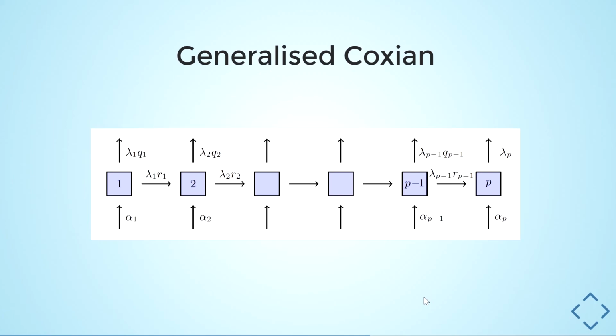There are those people in Leuven, and they do use a mixture of Erlang for the body of the distribution and then some Pareto tail, so that you model the claim sizes. So that's one way to apply phase type to claim sizes: you need to have the phase type for the body and then something more heavy-tailed for the right tail of the distribution. Yeah, that's true.